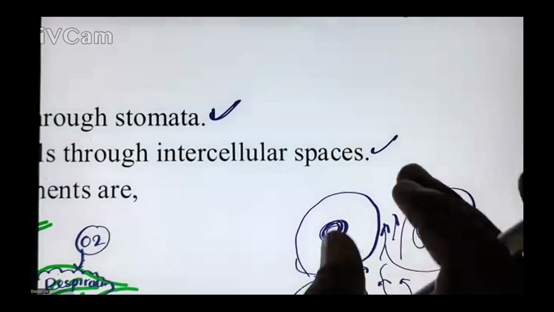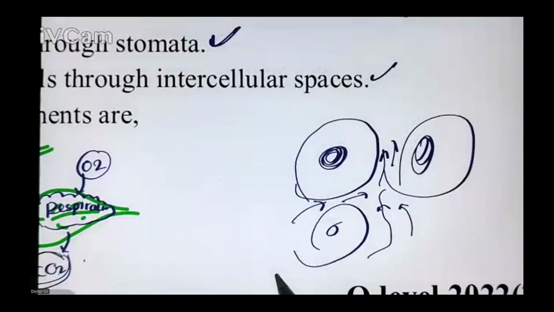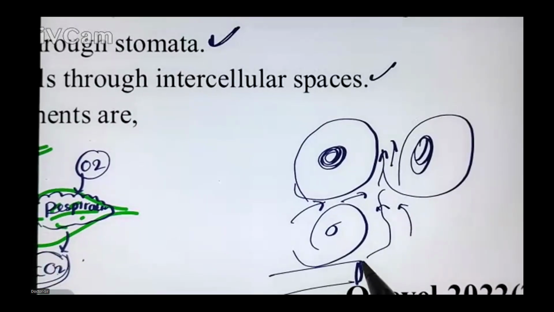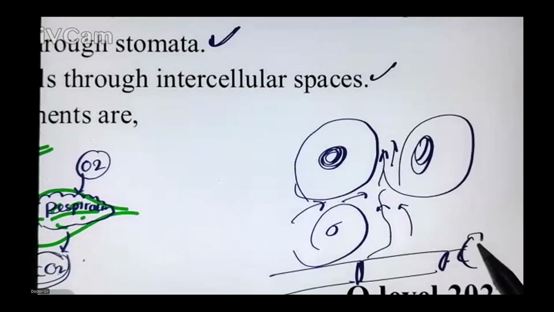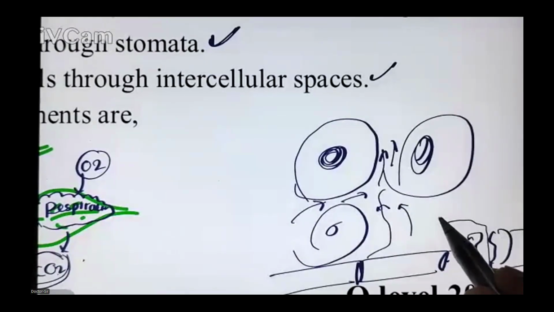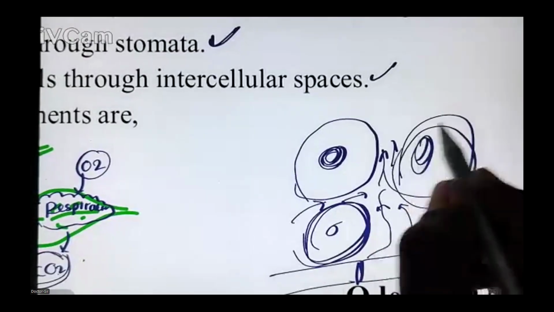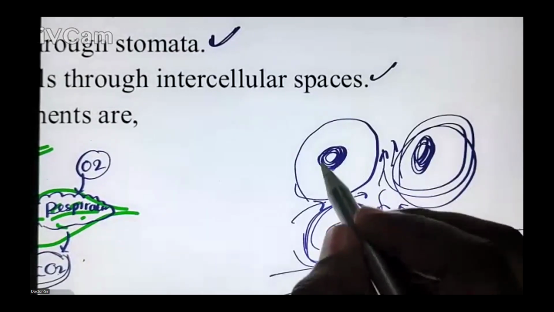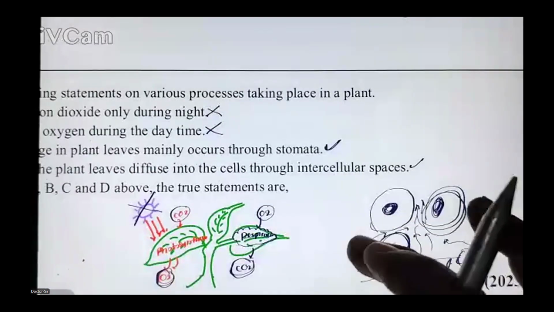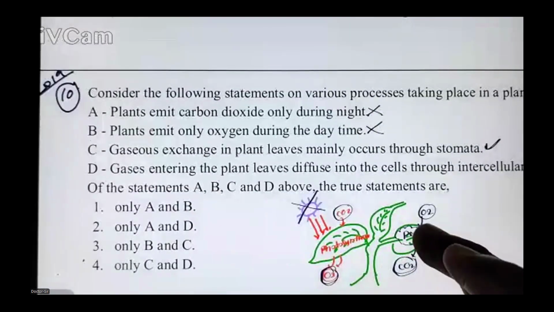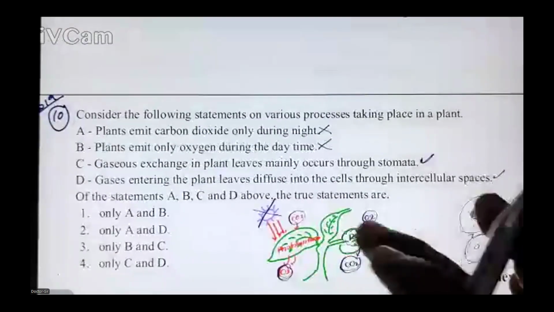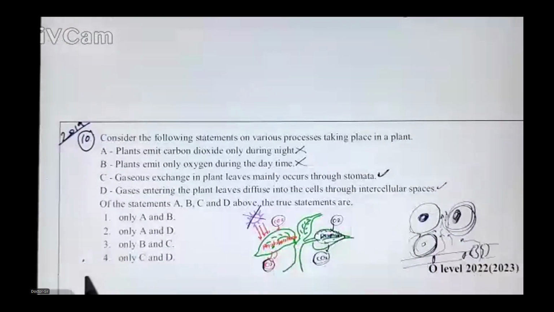So in the plant leaf, the gases enter through the stomata, then come to the intercellular spaces, which are important to transport the gases.